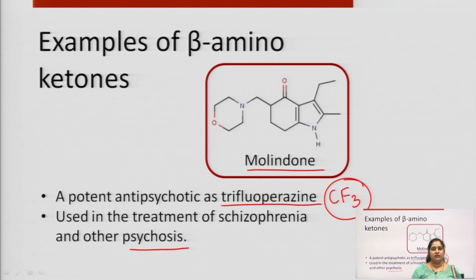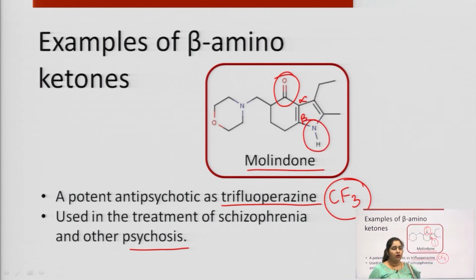Further, these are examples of beta amino ketone groups, like molindone. In this category, when we talk about beta amino ketones, this is the carbonyl group, this is alpha and this is beta. At this position we have an amino group. So, these beta amino ketones are very potent antipsychotic agents.